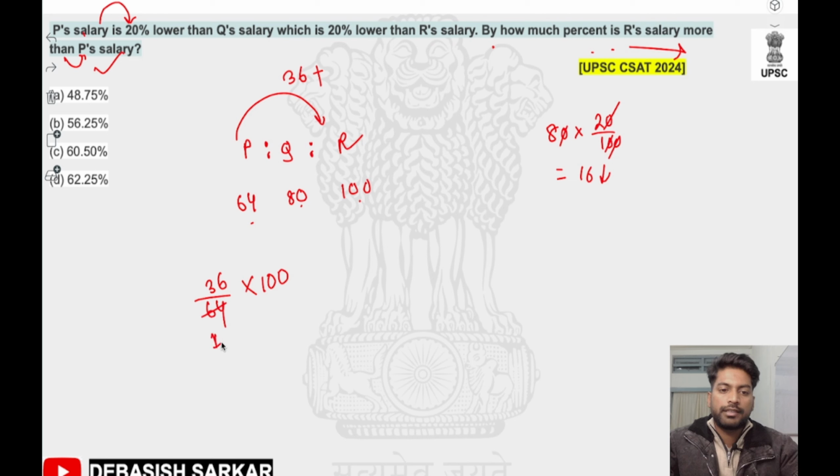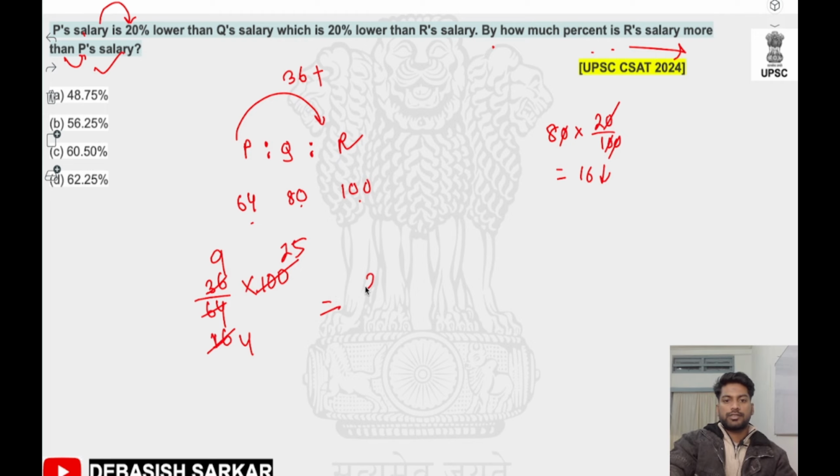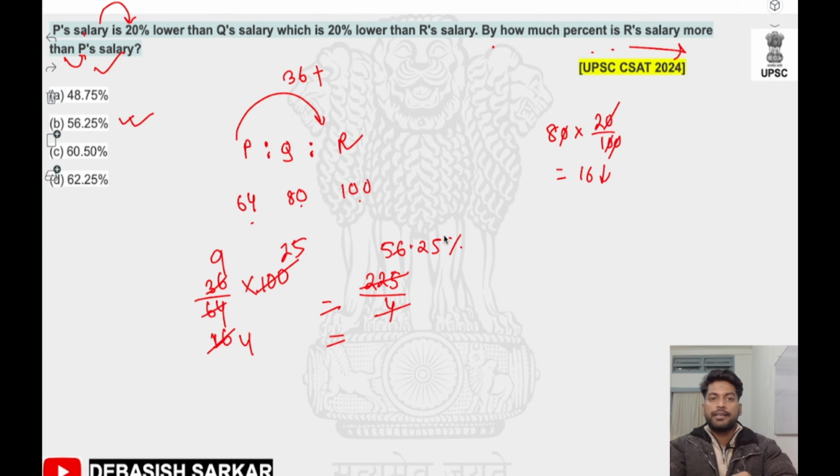That will be 9 and 25, and this is 36 by 64, which gives 9 by 16. So this is the answer, 56.25. Chalo, 56.25 is the answer. Easy one. Next question.